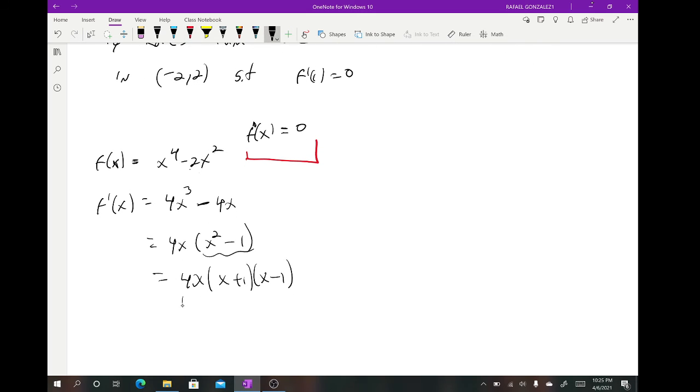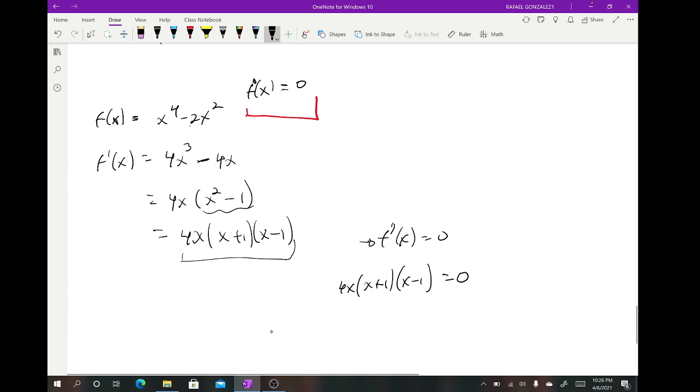And again, this is what the derivative is equal to. So if I have f prime of x, and I want to find out when that's equal to 0, I can substitute what f prime of x is actually equal to. That is 4x times x plus 1 times x minus 1. And once again, by the principle of zero products, I could figure out when each of these terms is equal to 0.